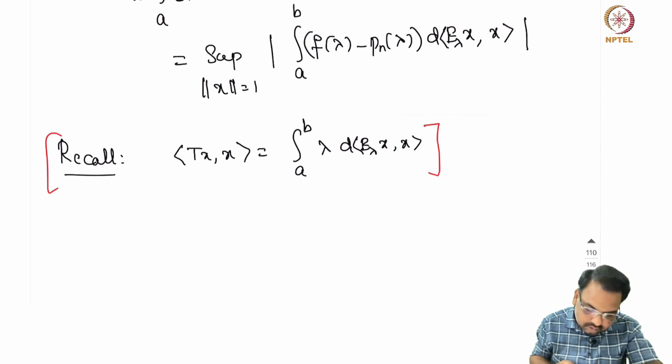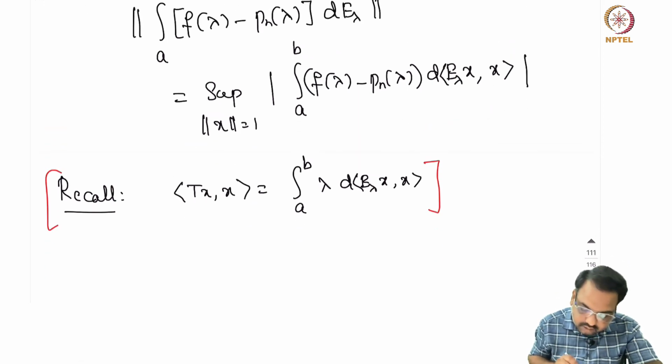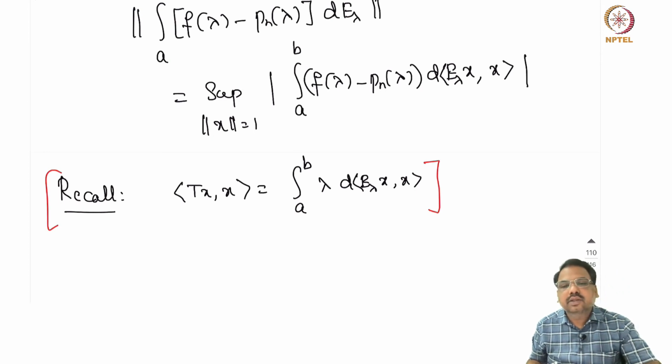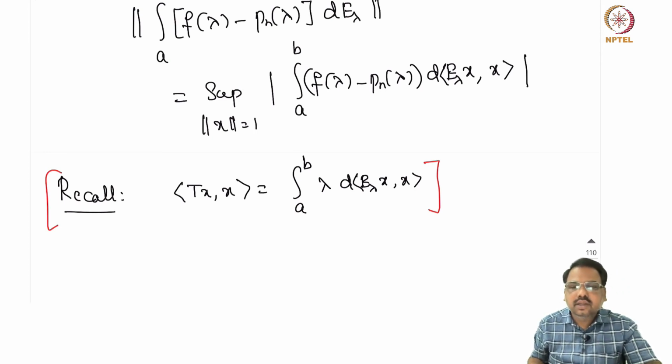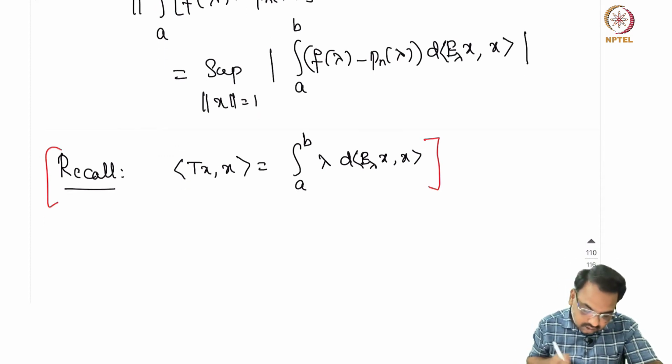Now the right hand side of the above equation is a Riemann-Stieltjes integral, because the inner product of e lambda x with x is positive and increasing as a function of lambda.